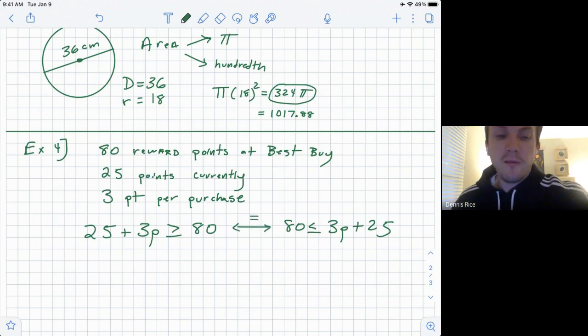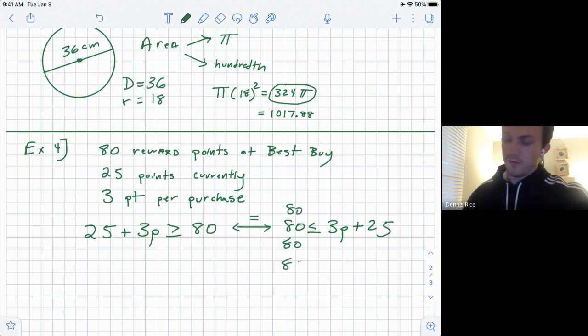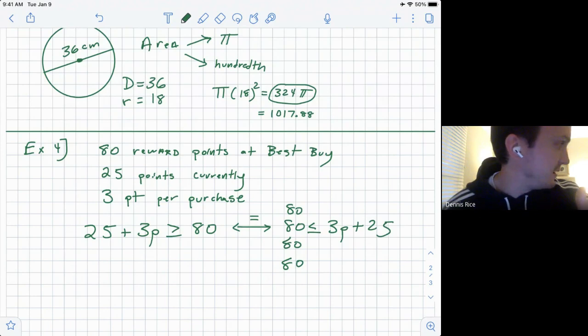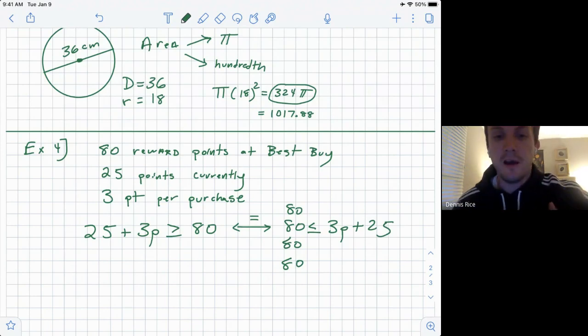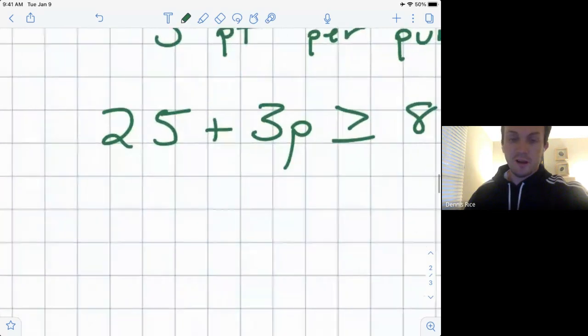What I would recommend, if that's confusing you, like you look at all four choices and you see all four of them have it written the non-traditional way, let's call it, the constant on the left-hand side, is write it your normal way first. So like write it like this.